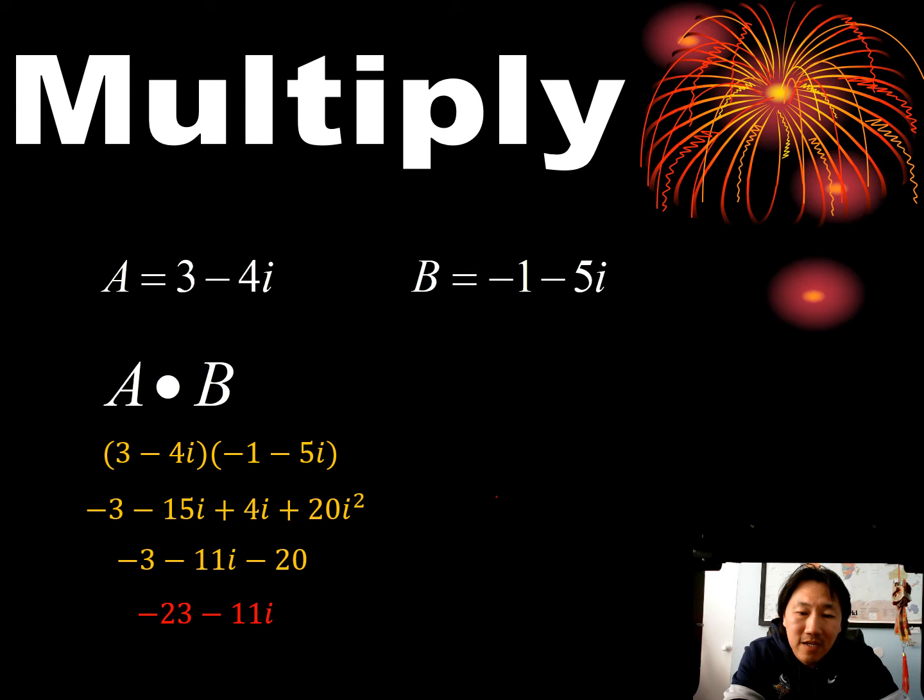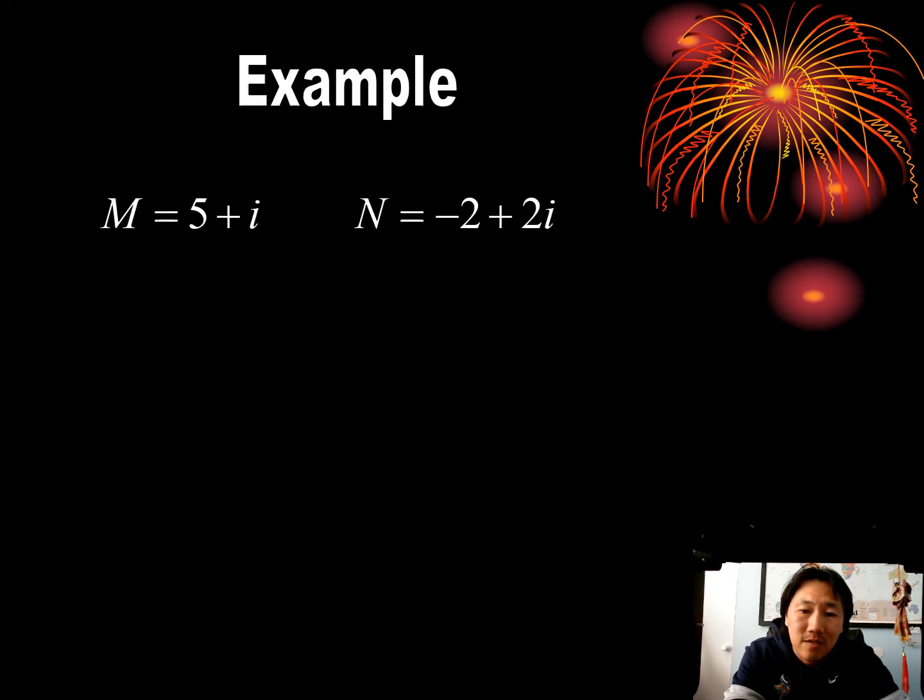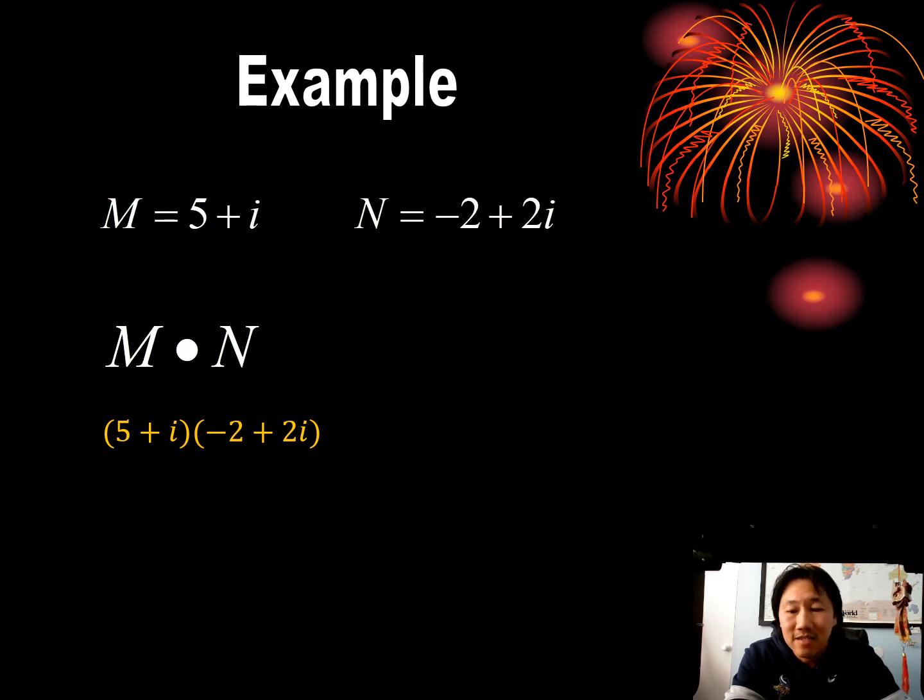All right. Let's go ahead and do another example. Here we have m times n. Again, throw them in some parentheses. Make sure you FOIL properly. First, outside, inside, last. Again, we have two terms in the middle that you can combine.